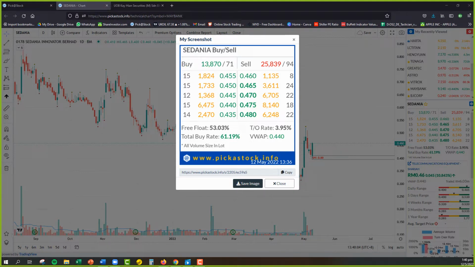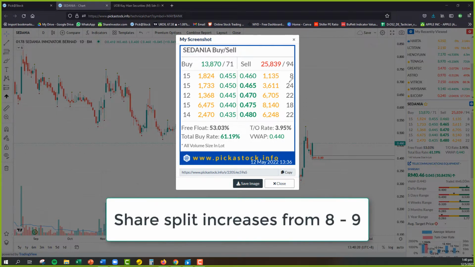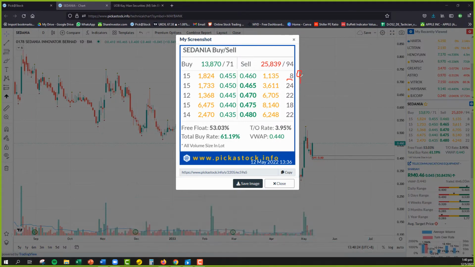Now, it's the same for the sell order. If you key in one order to sell at, let's say, 46 cents, and in this case, it is for 150 lots, on the right side, which is the seller side, it will appear as one share split here. This 8 will become, I think you guessed it, 9.